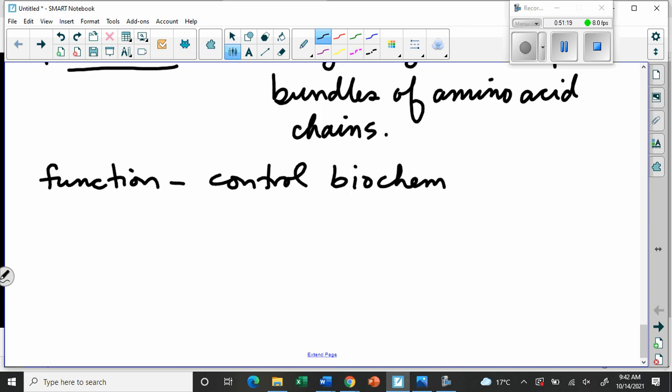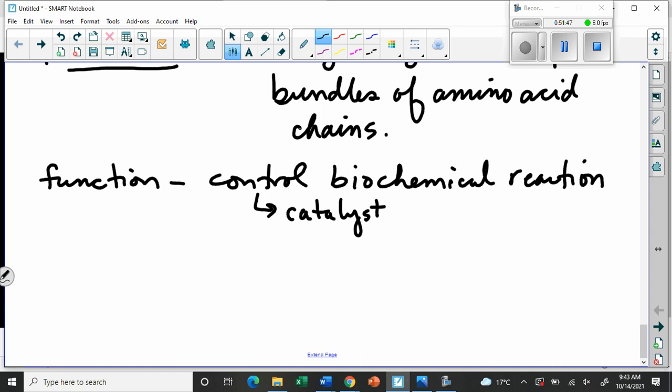So if there's 1 million biochemical reactions and each of those has 40 or 50 or 200 steps, there's a protein for every step. So there's literally hundreds and hundreds of millions of protein molecules of different shapes and sizes. They control biochemical reactions.